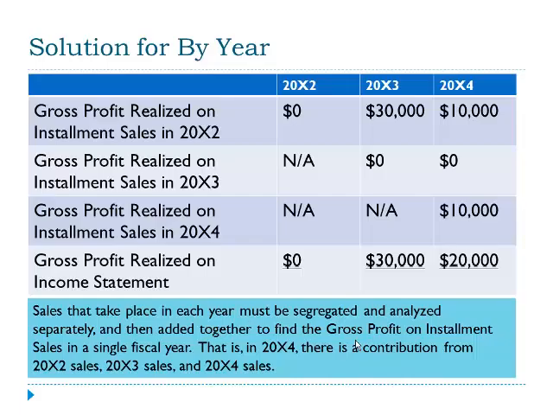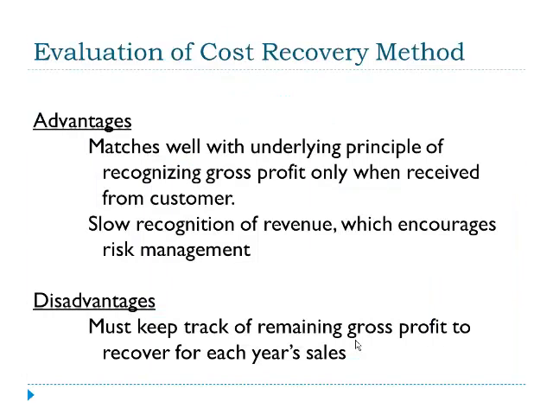Sales that take place in each year must be segregated and analyzed separately, and then added together to find the gross profit on installment sales in a single fiscal year. That is, in 2004, there's a contribution from 2002 sales, 2003 sales, and 2004 sales.